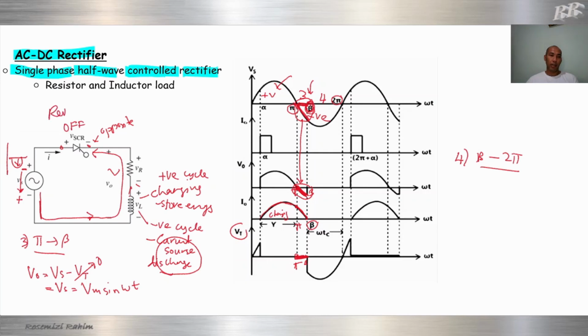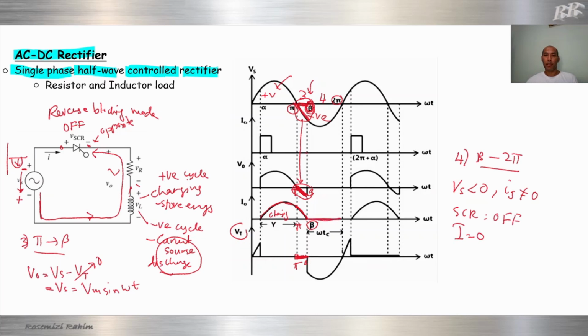Reverse blocking mode. Vs less than 0, no Ig, so SCR off. So when SCR is off, current will be 0.